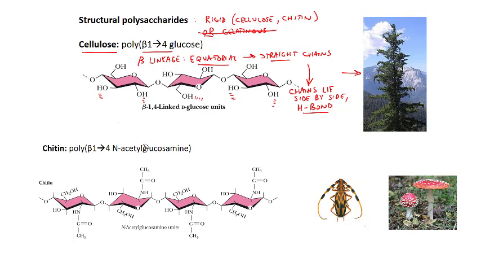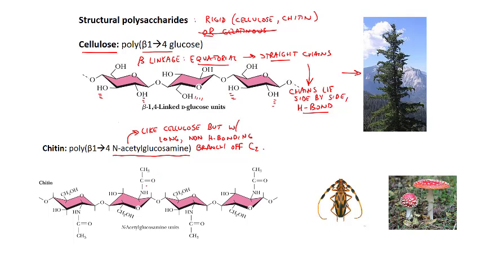Chitin is very similar to cellulose, except instead of a polymer of beta 1,4 glucose, it's beta 1,4 N-acetylglucosamine. So chitin is like cellulose, but with a long non-hydrogen bonding branch hanging off of carbon 2.